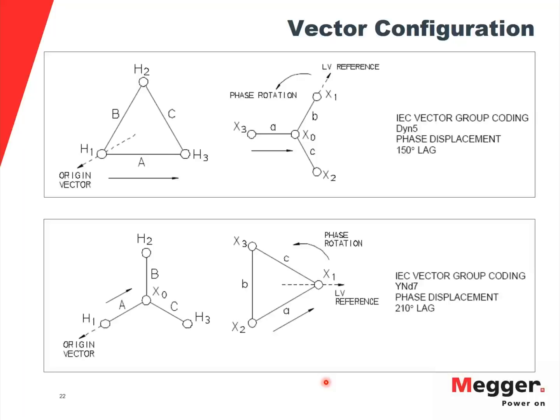Okay, thank you, Diego. Next question is for Robert. Is it good practice to compare values between factory values and field values, or between past test values, or between different phases? I'll answer this one in two parts.